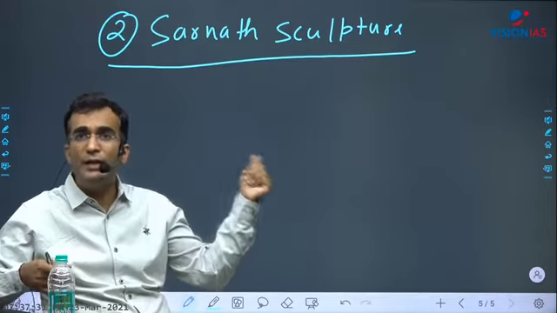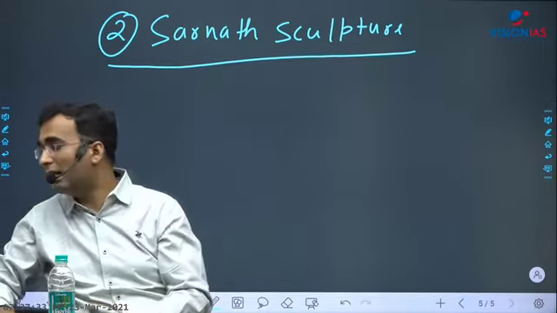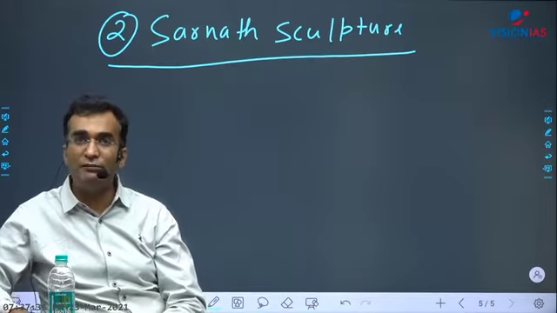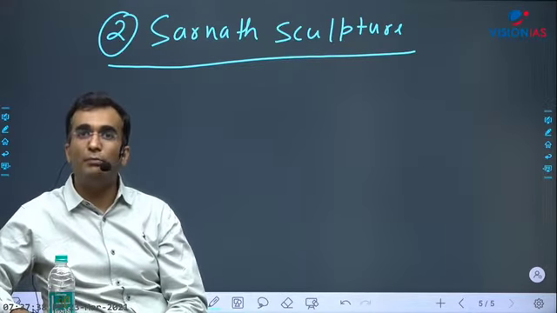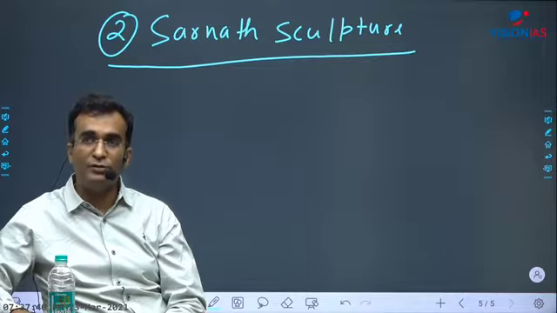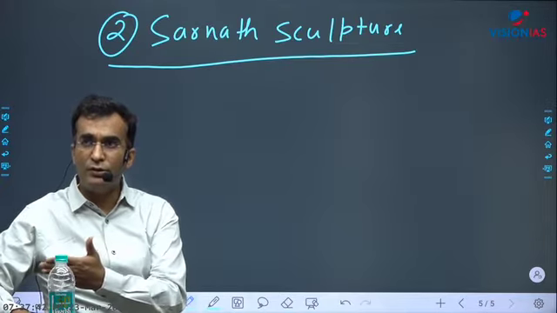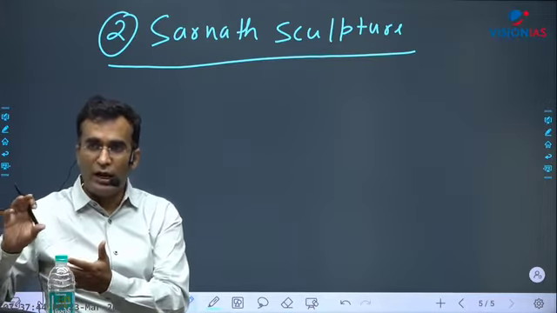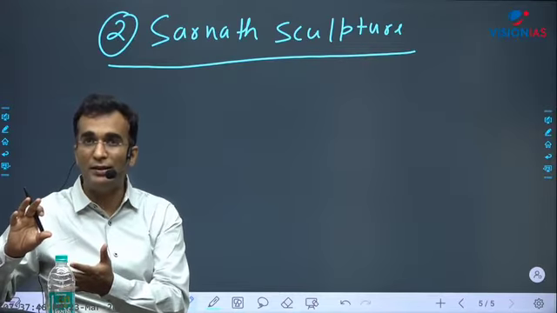So they were using pink color sandstone, and this pink color sandstone was mostly obtained from the Chunar mines of the districts which are closer to, I hope that you know this district, Sonbhadra.